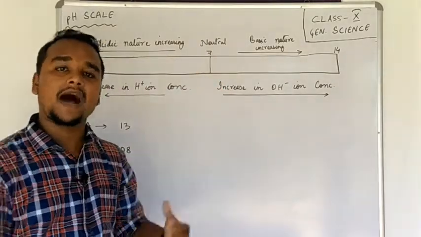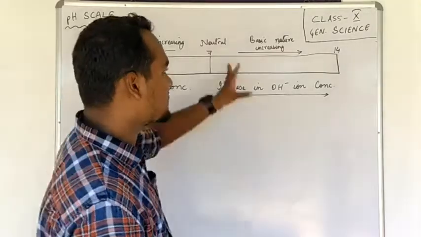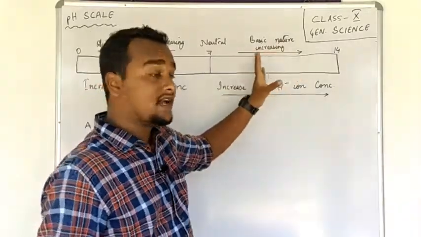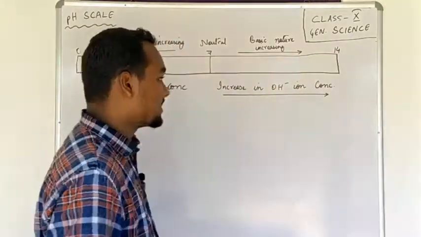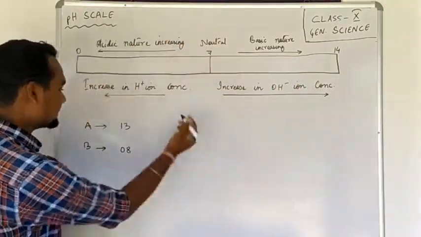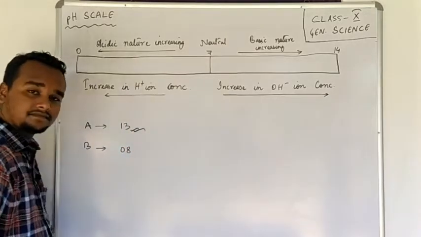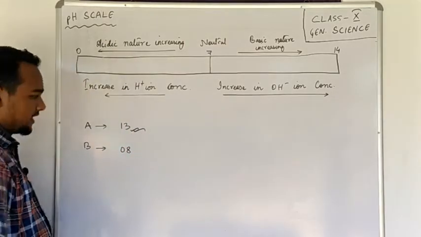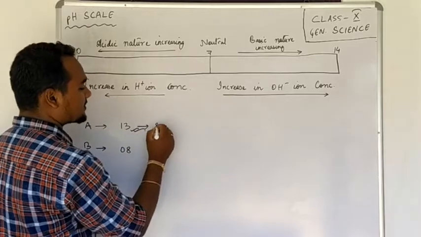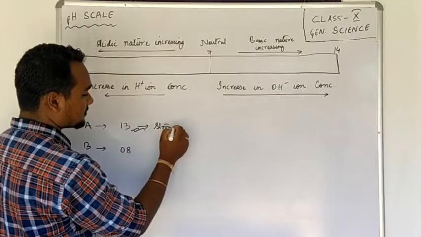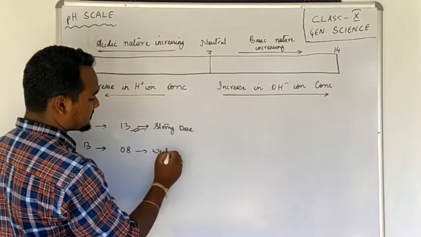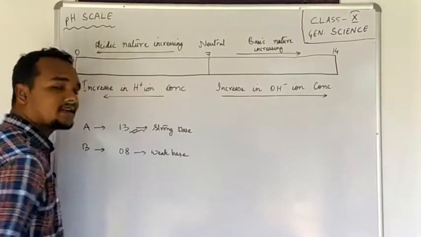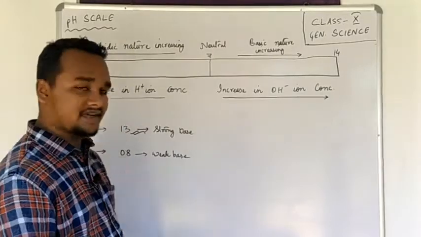Now how to know which one is a strong base? As you can see, basic nature increases as we go towards 14, that means the strength of the base will increase. So 13, since it is closer to 14, is a strong base, and this is a weak base. Is it clear, everyone? As compared to the previous one.